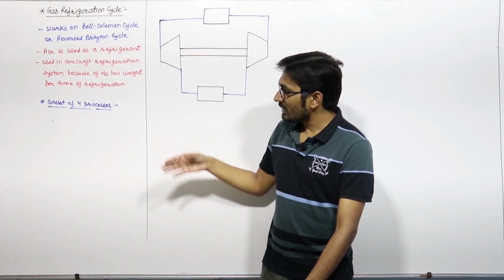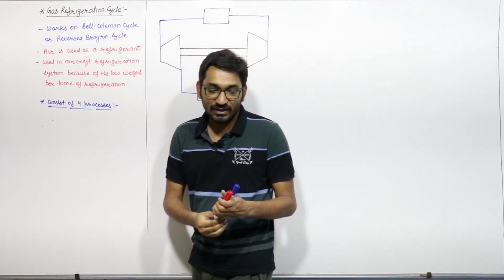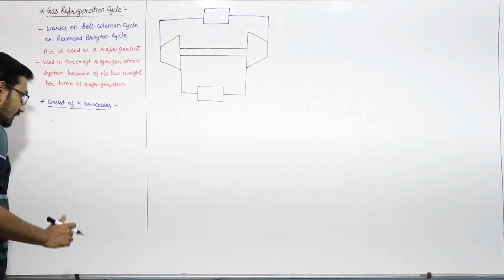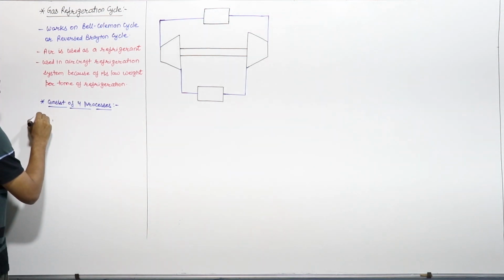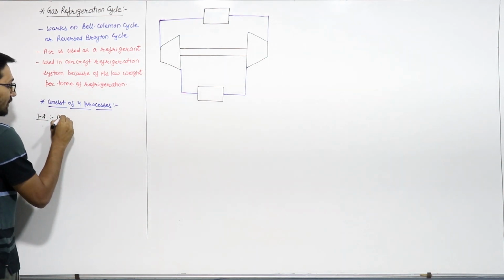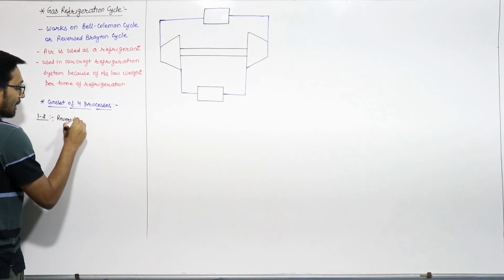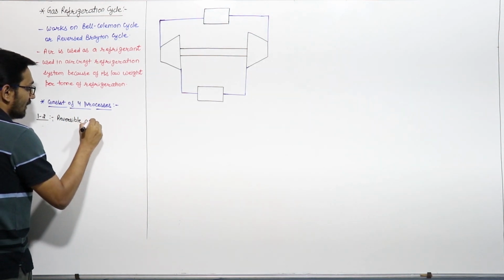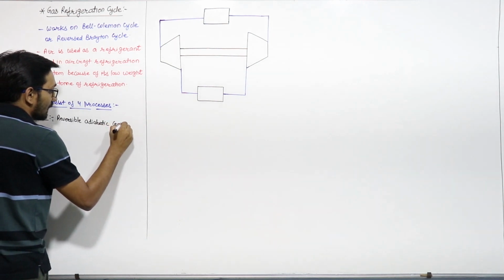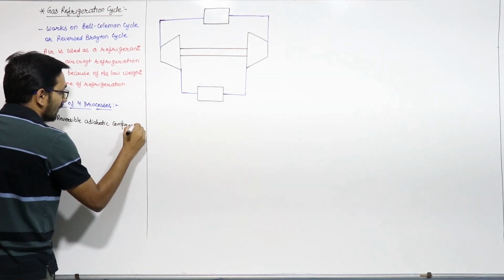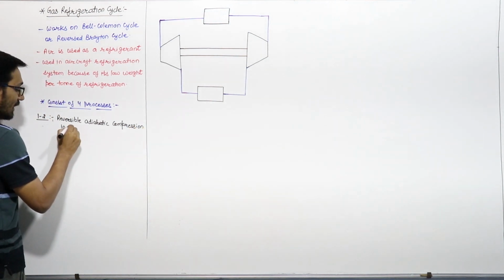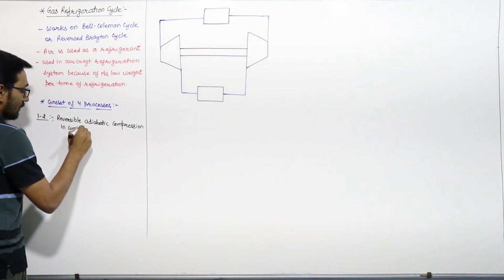So this gas refrigeration cycle consists of four processes, right? Process 1 to 2: the first process is reversible adiabatic compression in your compressor, right?